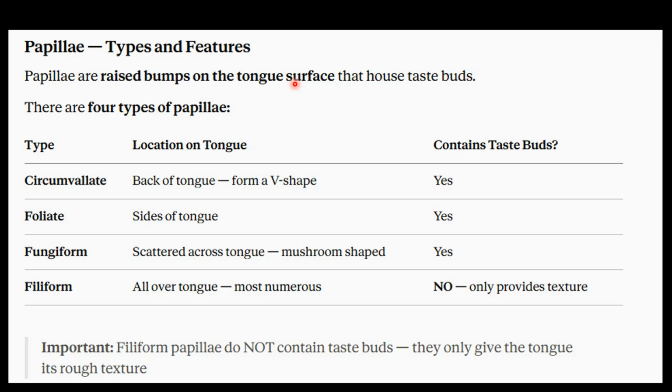Next is foliate, on the side of the tongue. It also contains taste buds. Then we have fungiform, scattered across the tongue, mushroom shaped, and it also contains taste buds. Then we have filiform, all over the tongue, the most numerous, but it does not contain taste buds.